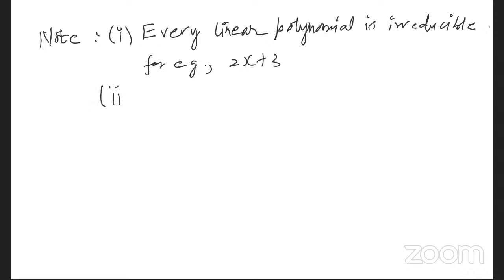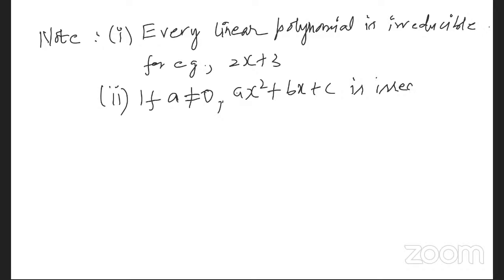Second, we'll write the second note. If a is not equal to 0, and we consider a quadratic, ax square plus bx plus c, degree is 2, it is irreducible if and only if b square minus 4ac is less than 0.